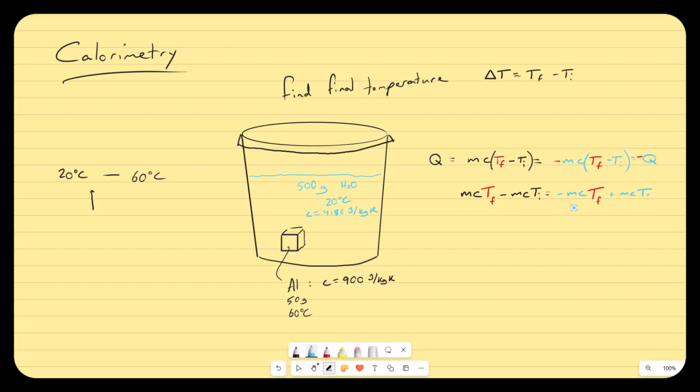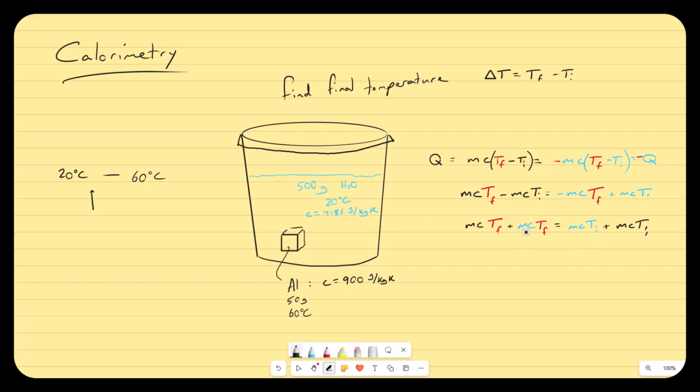I'm going to take all my terms that have that T final in them and move them to one side. So my left side says MC T final plus MC T final equals MC T initial plus MC T initial.